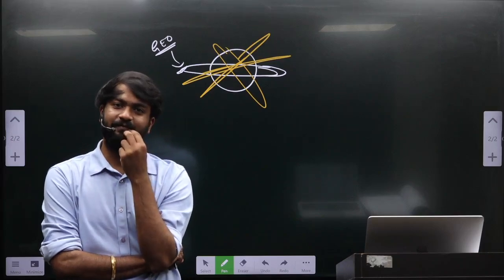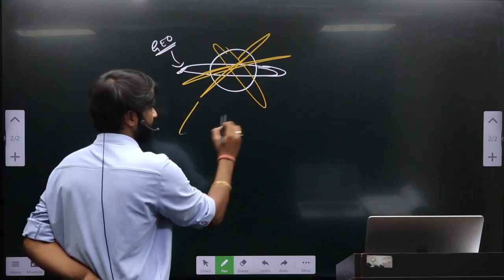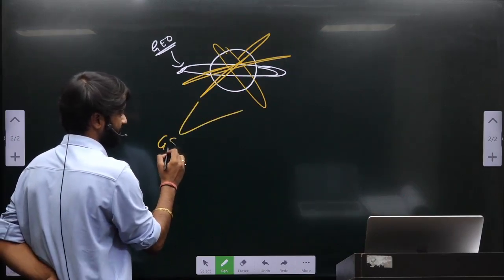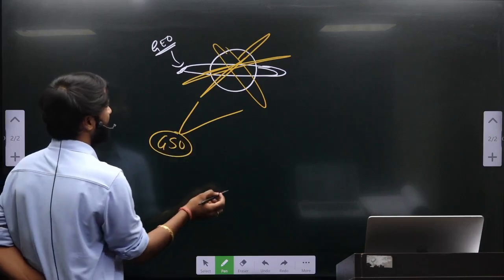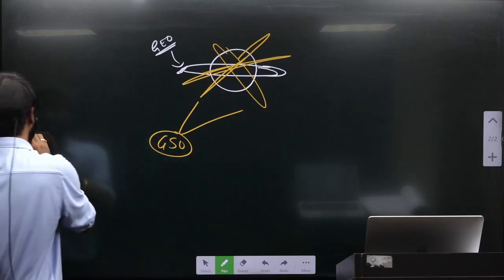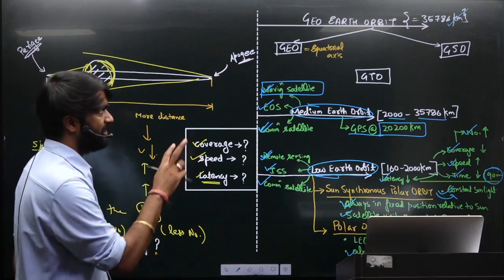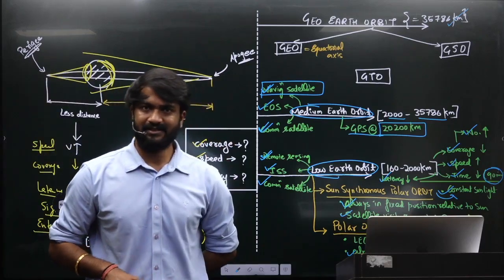So it will be always at the same point at the same time, and it will be in sync with the earth also. So these satellites in yellow are geosynchronous orbits, and the orbit in white is nothing but geostationary earth orbit. Okay. So these are two categories of orbits.